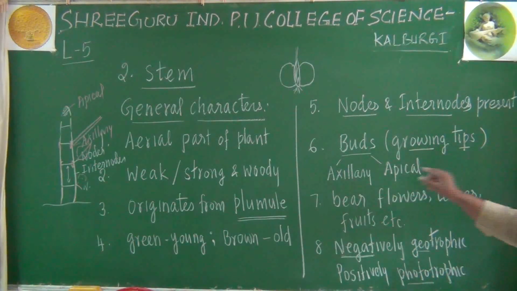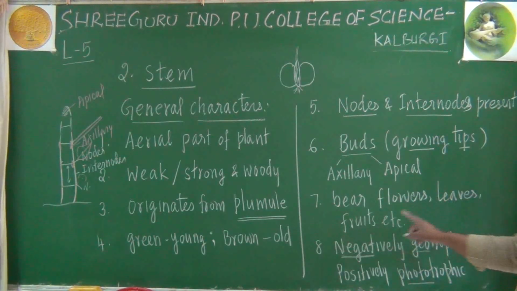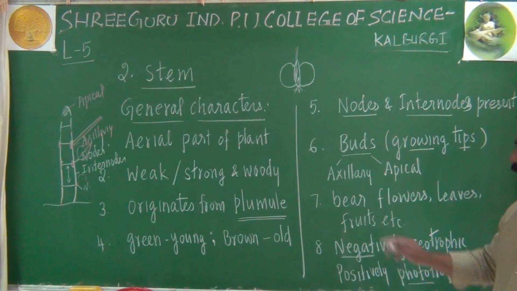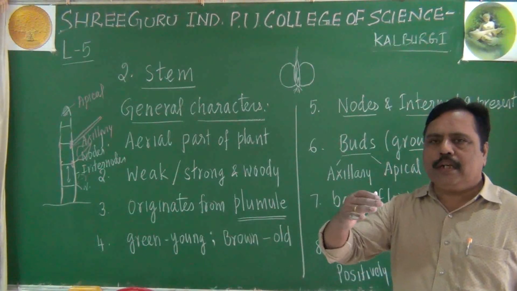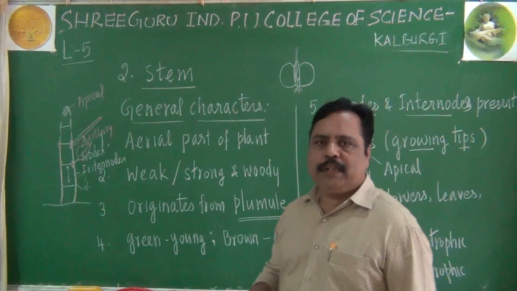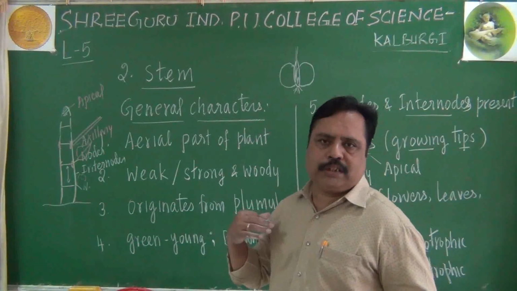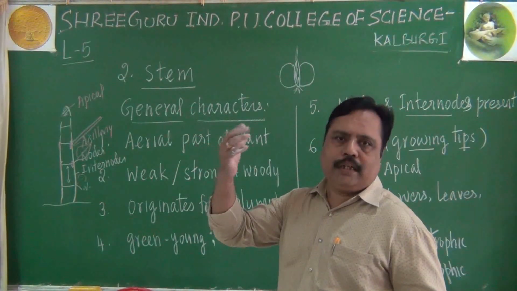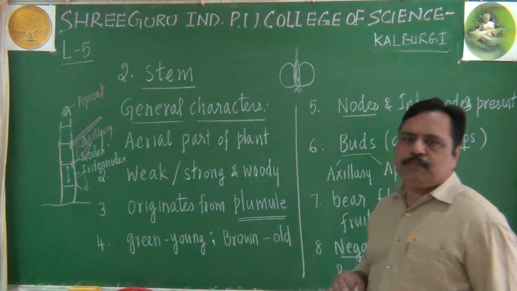Growing tip of the plant body will be called buds. They bear flowers, leaves and fruits, etc. A stem will be negatively geotropic and positively phototropic. Negatively geotropic means growing away from the soil. Positively phototropic means growing towards the sunlight. So why should they grow towards the sunlight? For getting sunlight and to undergo photosynthesis.